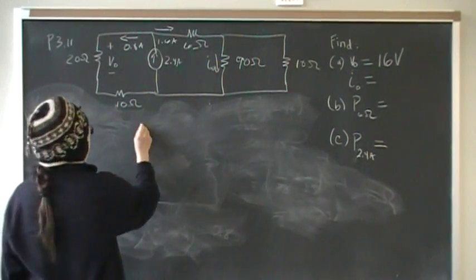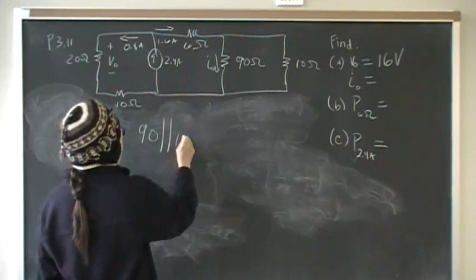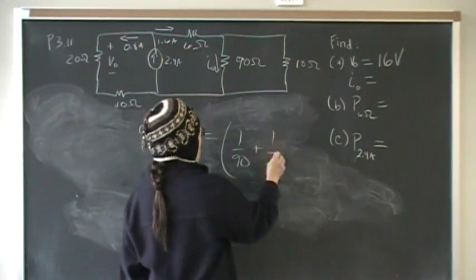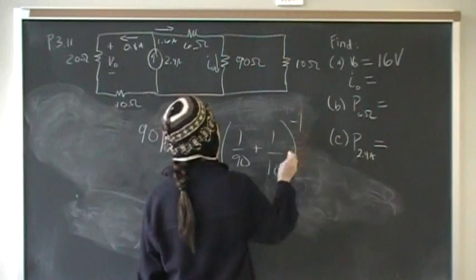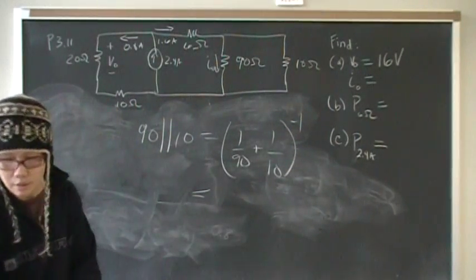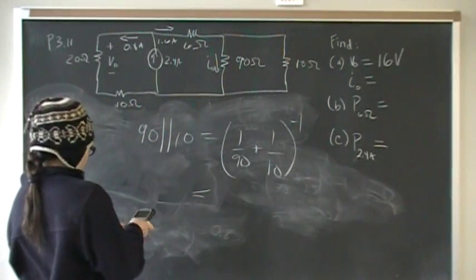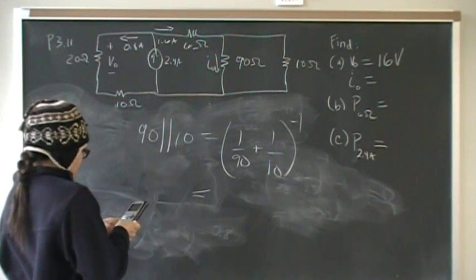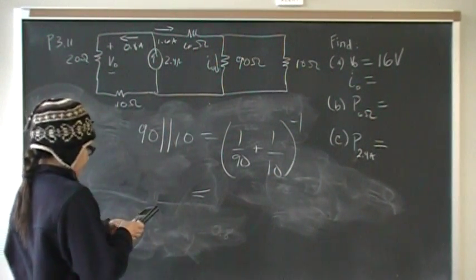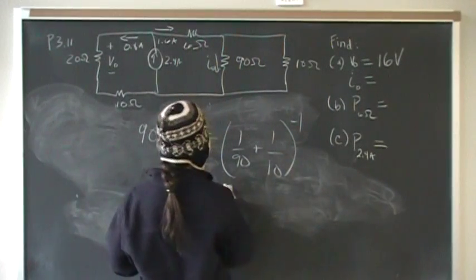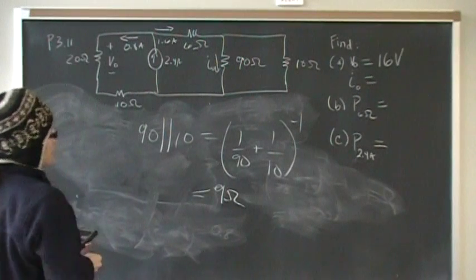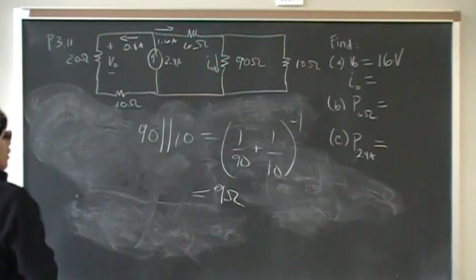So 90 in parallel with 10 is (1 over 90 plus 1 over 10) inverse. I get 9 ohms. It's less than both of those, so that's a good indication there aren't any calculation errors.